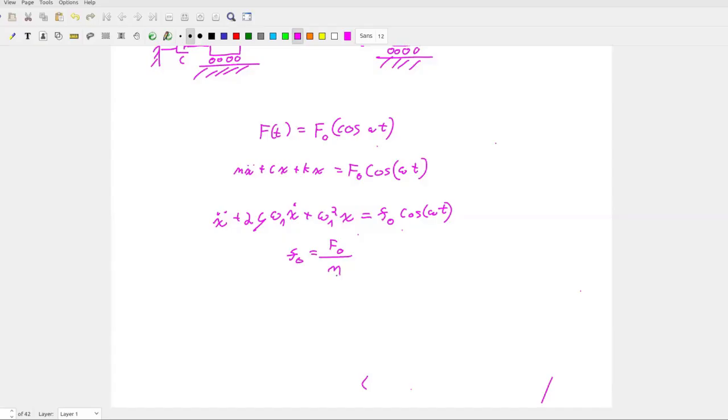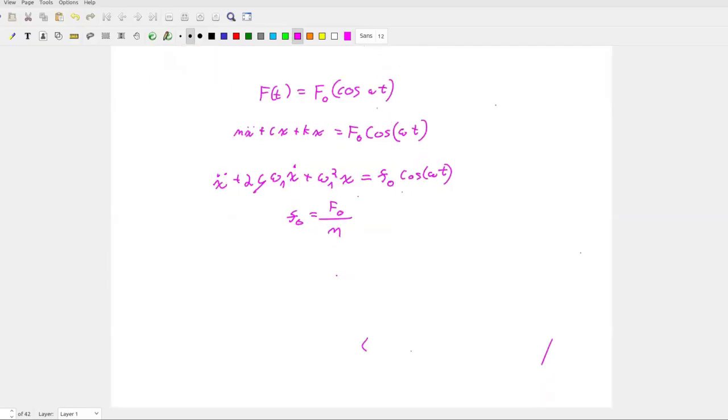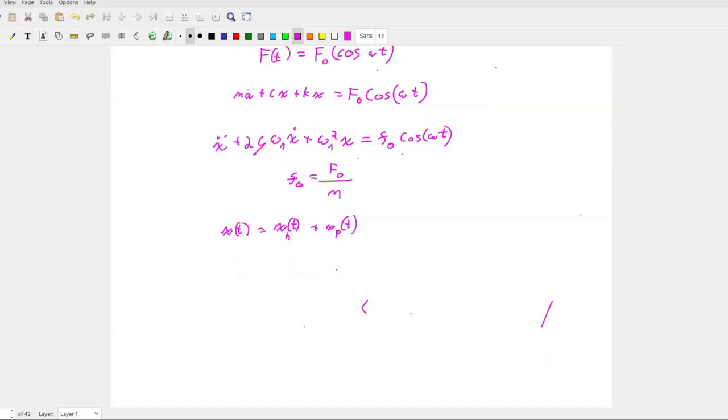So now I've got a solution. And again, I have a homogeneous and particular solution. x of t is equal to x sub h of t plus x sub p of t. x sub h I know, that's my homogeneous solution. I'm not too worried about that. We've solved for that before in chapter 2. So it's x sub p that I want.